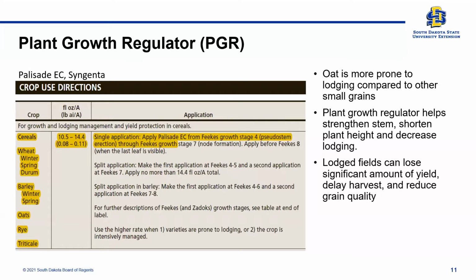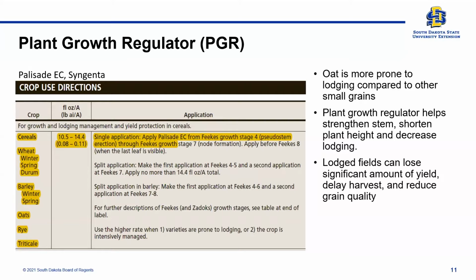Something to like about this product is that the growth stage window is kind of wide, so you still have time. If you miss the first stage, you can go to the next stage of the crop. Feekes growth stage 7 would be the latest you can apply, and Feekes growth stage 4 is when you go to the field and see that all the tillers are formed and strong.